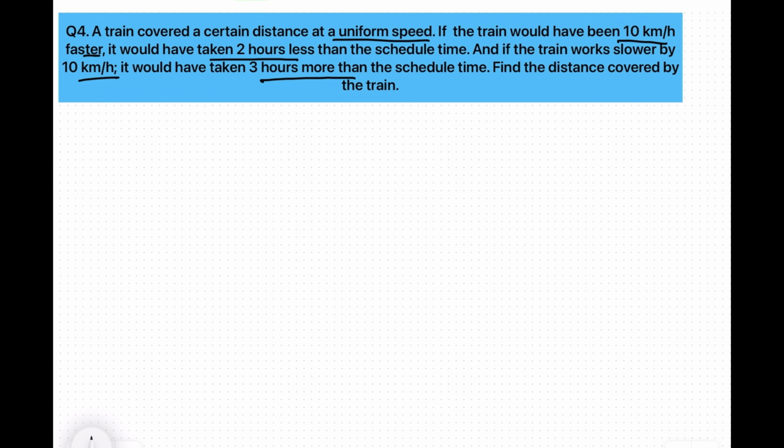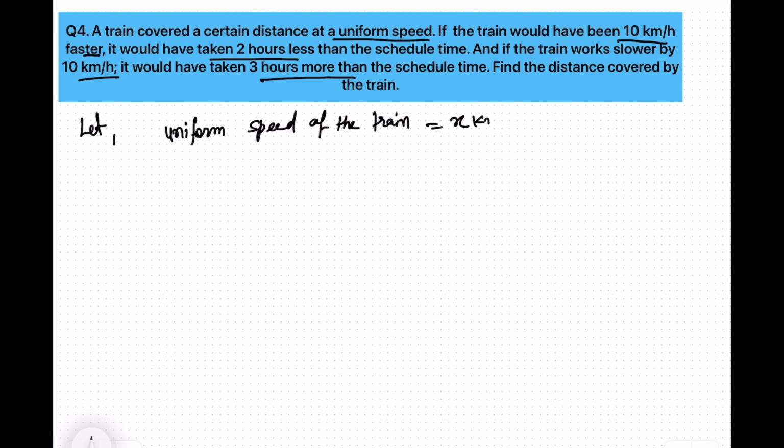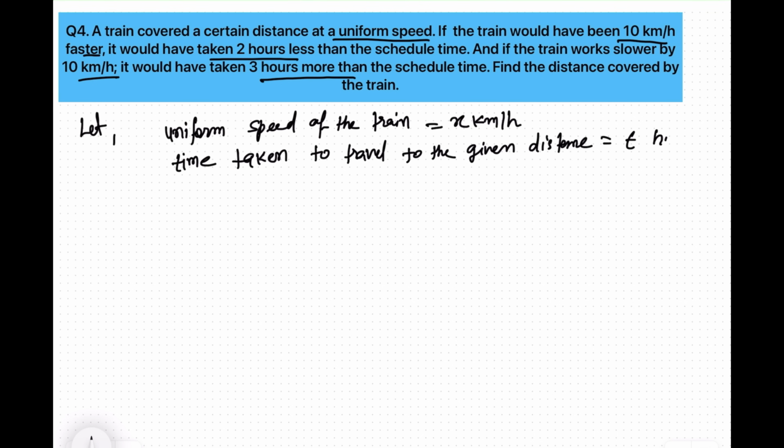What do you have to do? We can assume, let the uniform speed of the train be x kilometers per hour, and the time taken to travel the given distance be t hours.